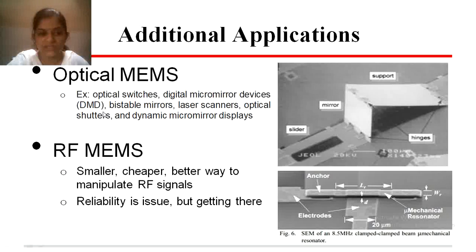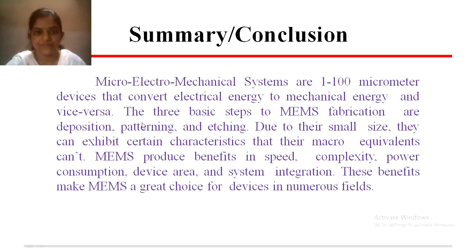Then next is radio frequency MEMS. It is a smaller, cheaper, better way to manipulate radio frequency signals. Reliability is an issue, but getting there. If you see, the clamped beam resonator is here. As we see in the biomedical applications, there are optical MEMS applications as well as radio frequency applications.